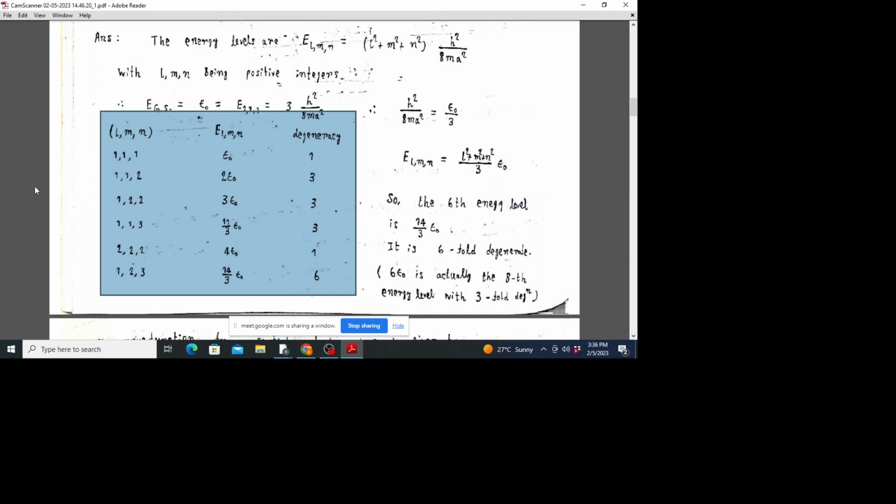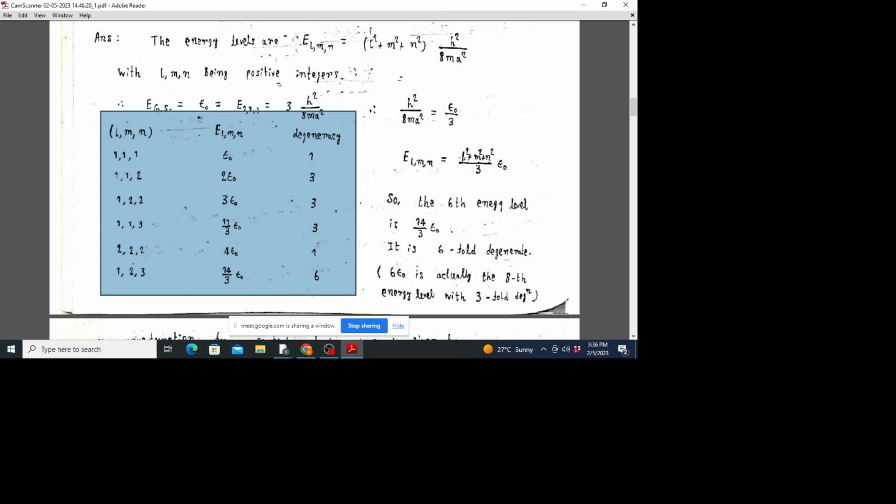Now of course you can anticipate that when we use 1 1 2 or 1 2 1, or 2 1 1, then you will get the second energy level, that means the first excited state.